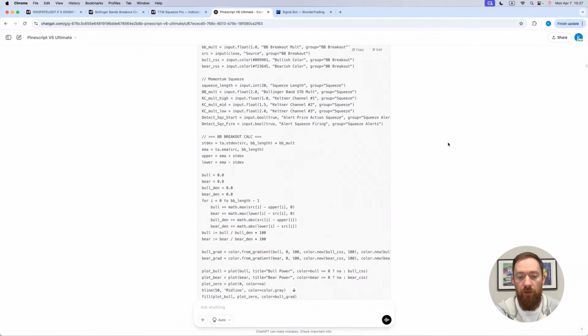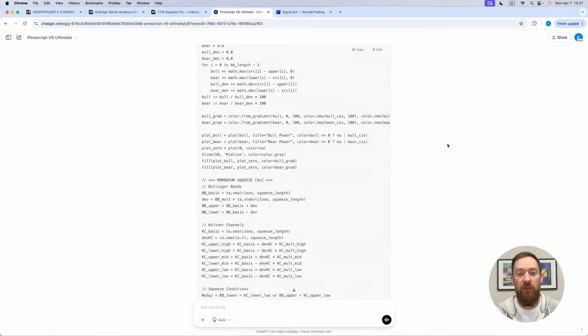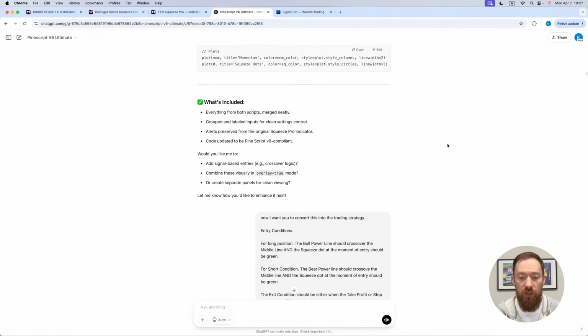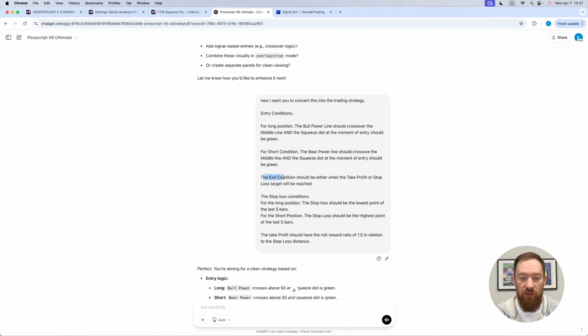The second step was to convert this indicator into a strategy. In order to do that, I had to clarify the entry conditions, the exit conditions, the stop loss conditions, and the take profits as well.